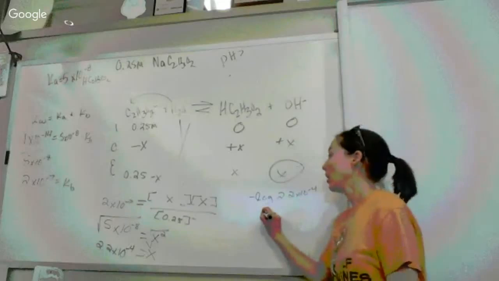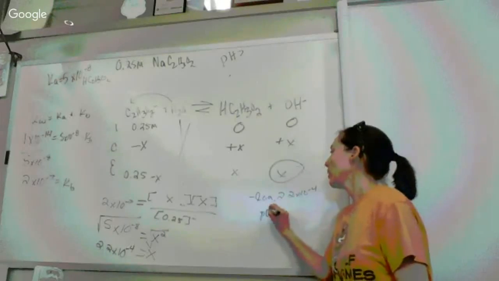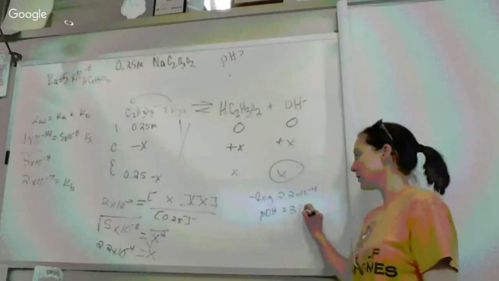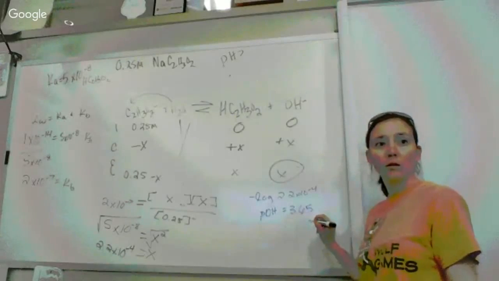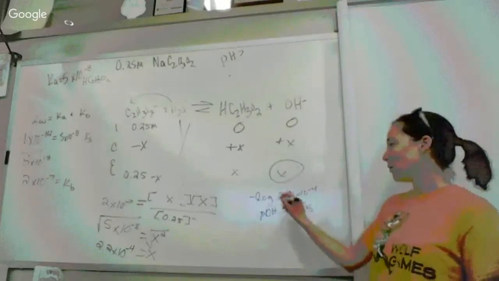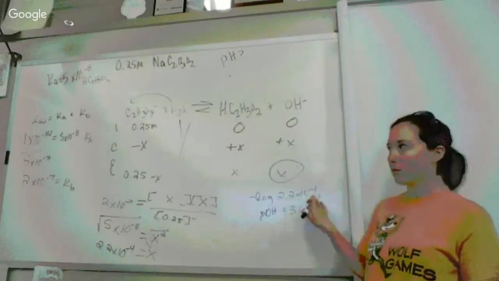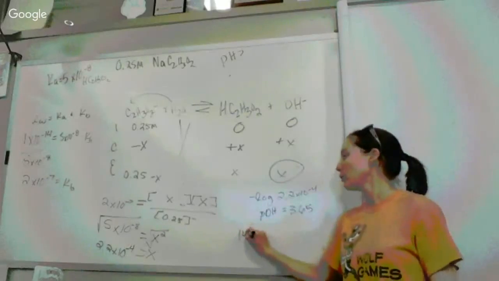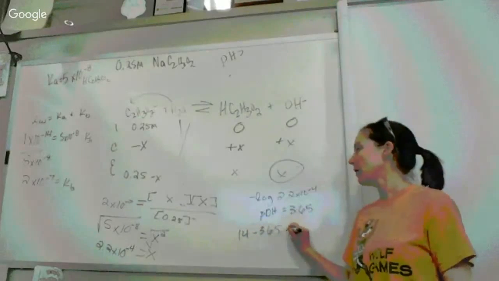Okay, I was just making that number up. So that's my pOH, 3.65, you think? Is that what you said, Kristen? All right, we'll just go with it. So imagine you took the negative log at 3.65, and then you do 14 minus 3.65 to get your pH.